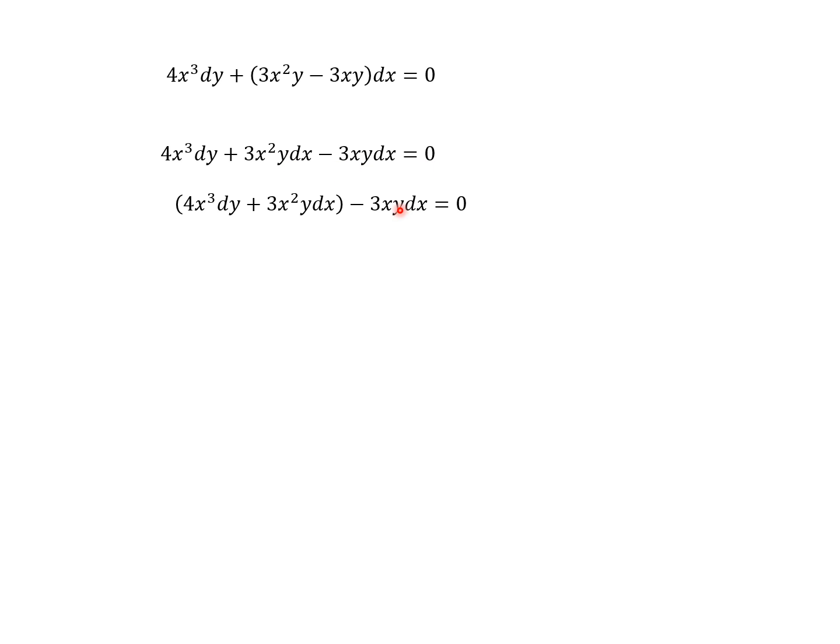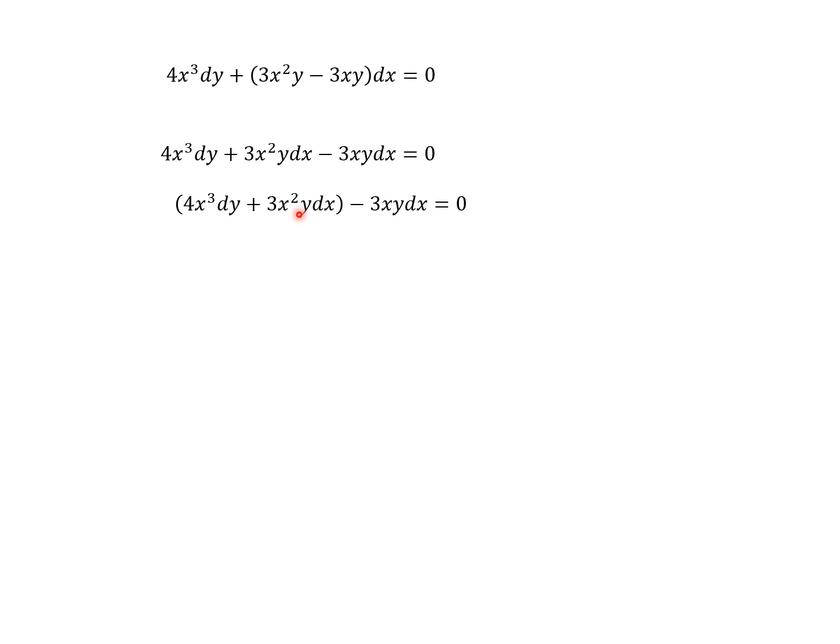Let's have another example. Let's have this one: 4x cubed dy plus 3x squared y minus 3xy dx is 0. Let's expand. We have 4x cubed dy plus 3x squared y dx minus 3xy dx is 0. One particular step is we can combine these terms.